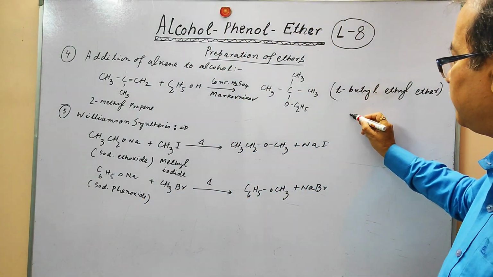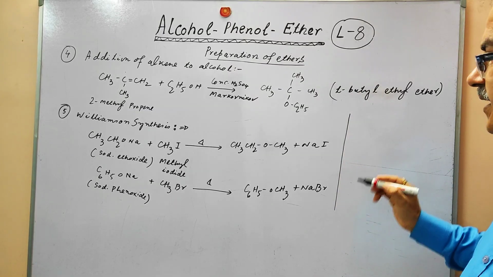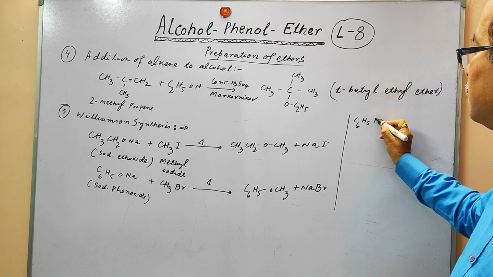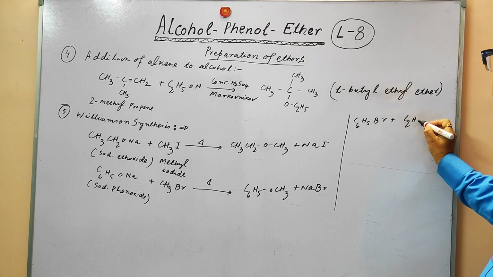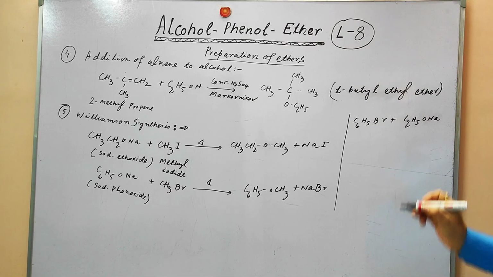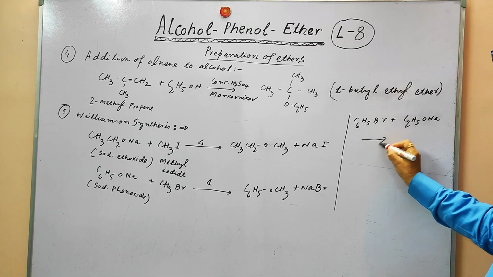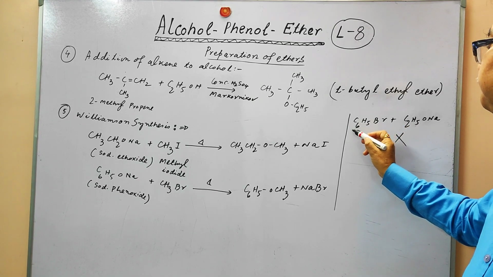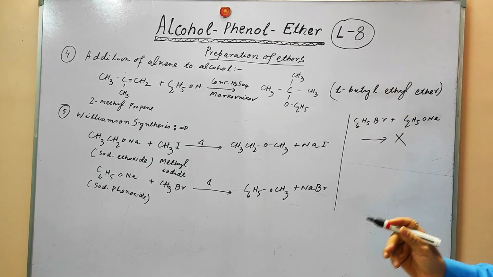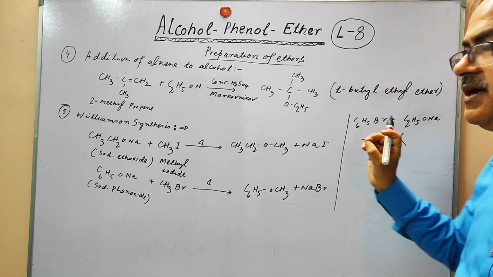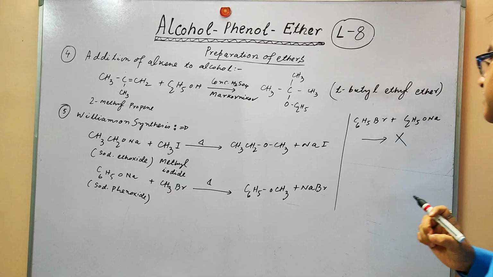But here one thing that we have to remember, that if you take the bromobenzene, suppose this is bromobenzene and sodium ethoxide, then this will not be produced because the bromobenzene is not so reactive towards this reaction. This reaction is basically the nucleophilic substitution reaction.